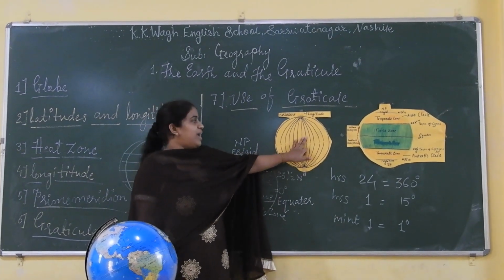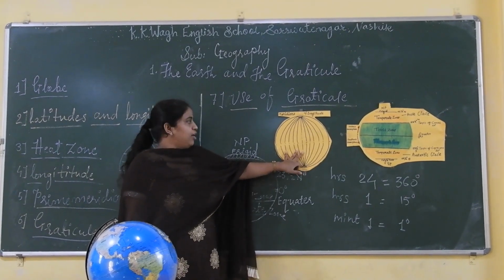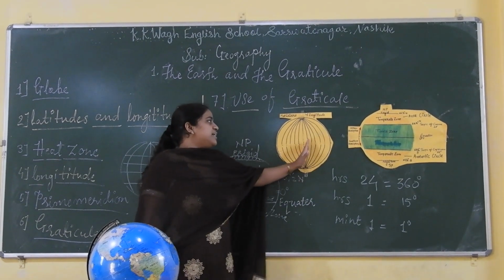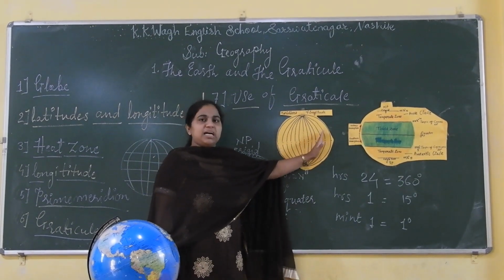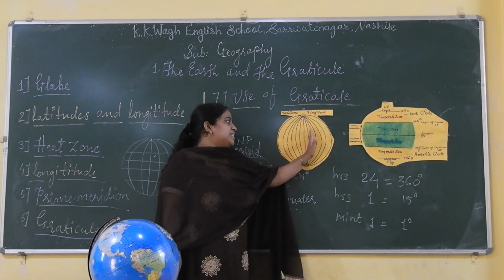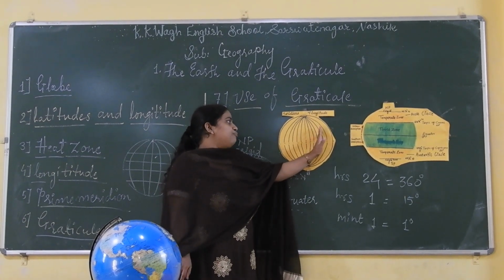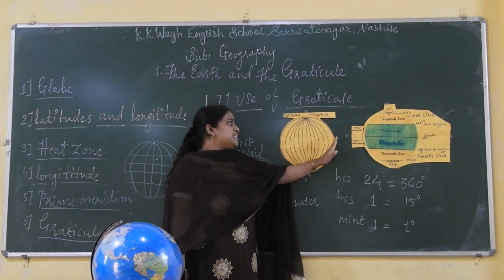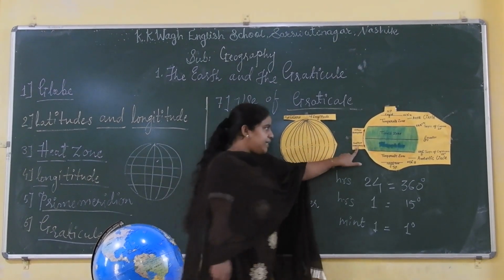It is also known as the 0 degree meridian. From 0 degree, on the west side, it increases by 15 degrees each time: 15, 30, 45, 60, 75, 90 up to 180.